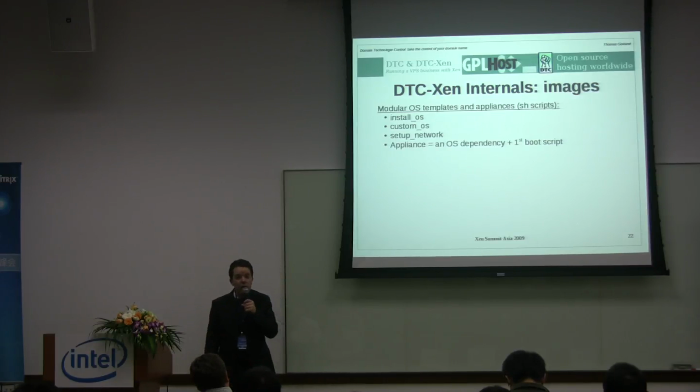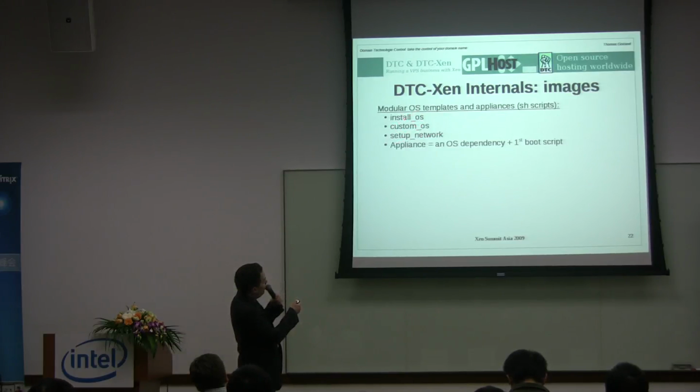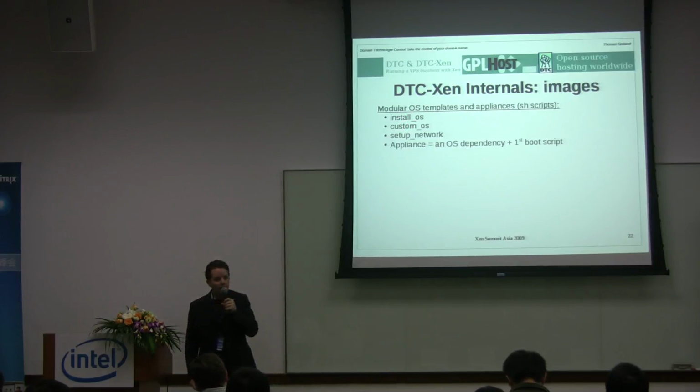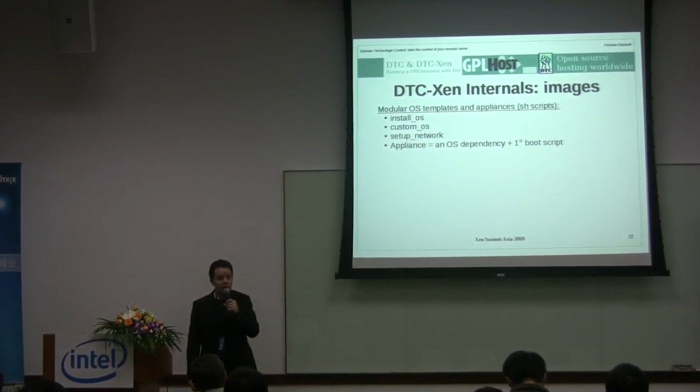So we wrote a very small system based on these three scripts: install OS, custom OS, and setup network. This one just uncompresses and installs the image. Custom OS sets up files like fstab and things like that. And the setup network obviously sets up the IP addresses.